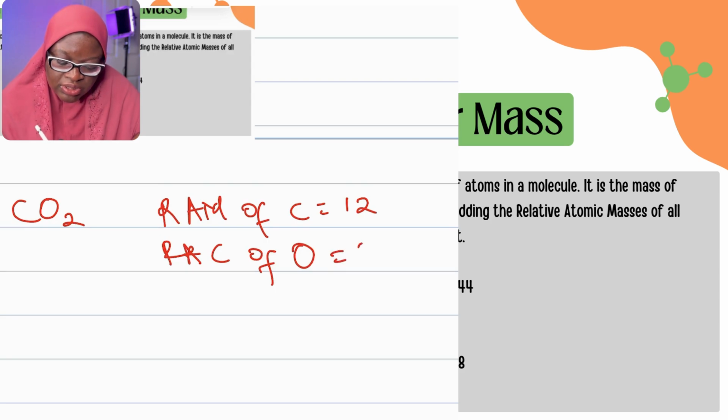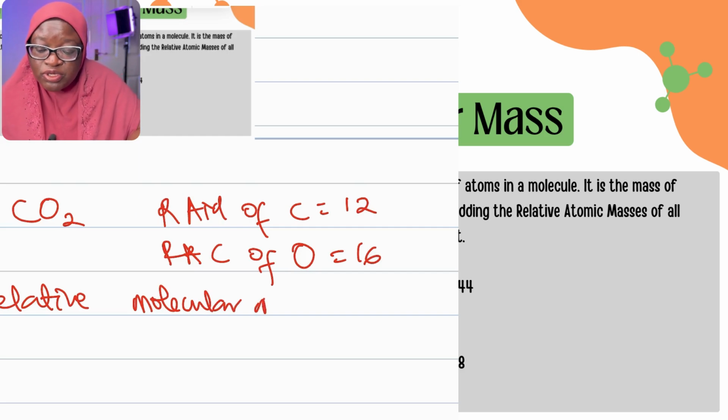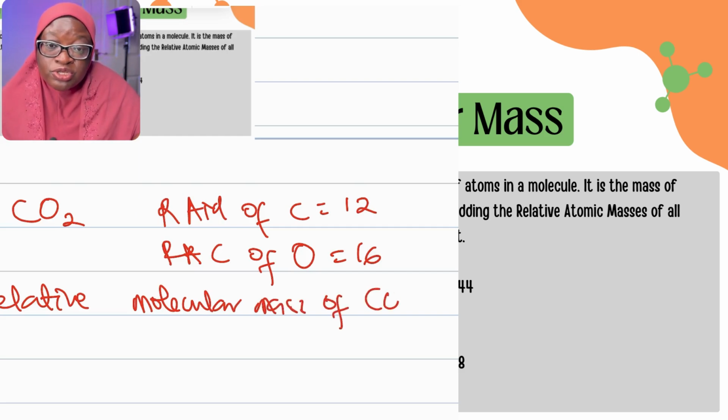So what is the relative molecular mass of CO2? The relative molecular mass of CO2 would just be the sum of the relative atomic masses of the atoms that make up the molecule.